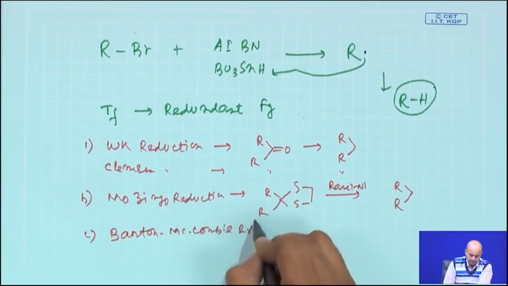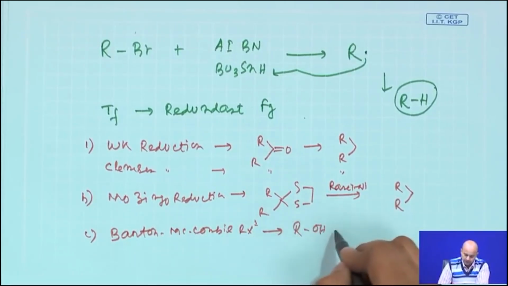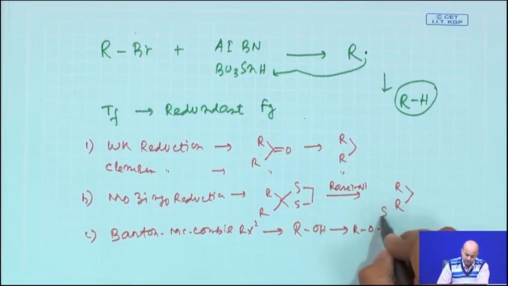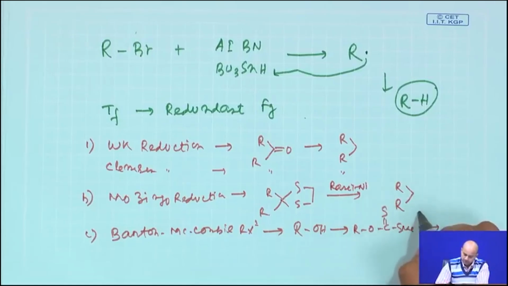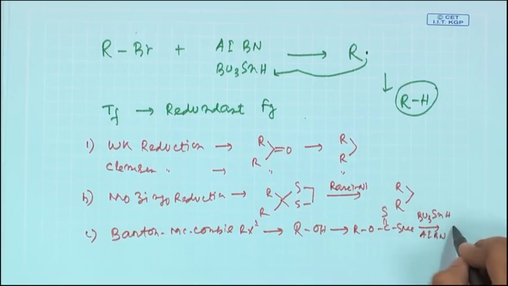In the Barton-McCombie reaction, the transformation is that you first convert the corresponding alcohol to the xanthate ester, and then you shine light with Bu3SnH and AIBN, and you get the corresponding hydrocarbon.